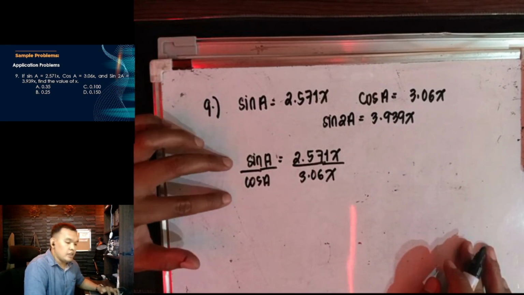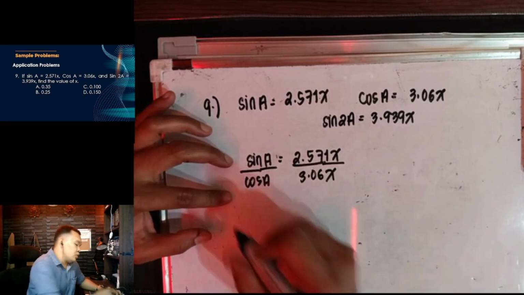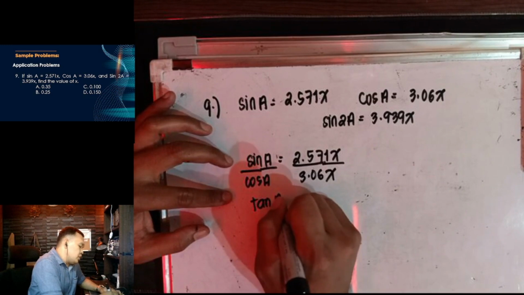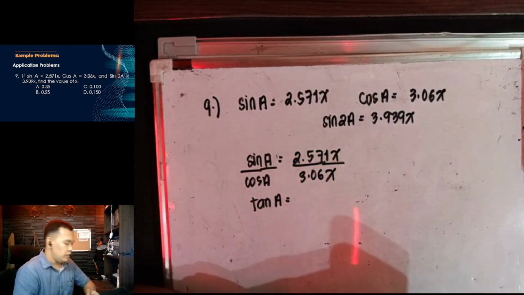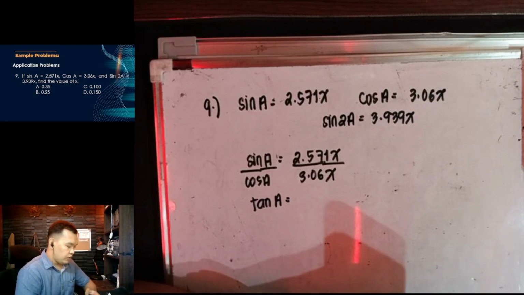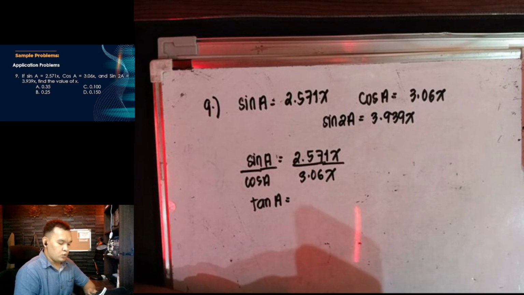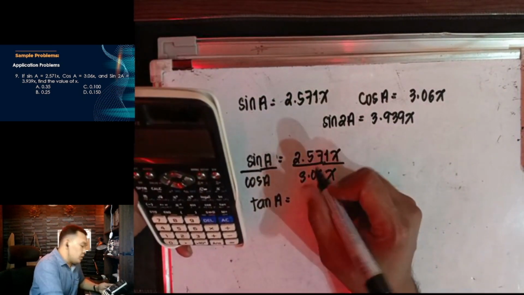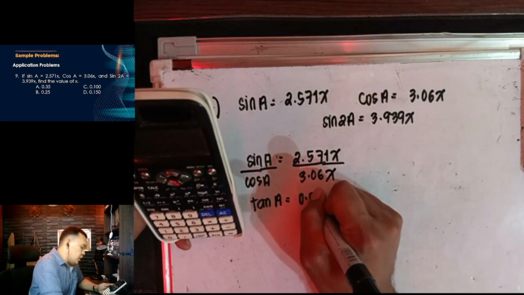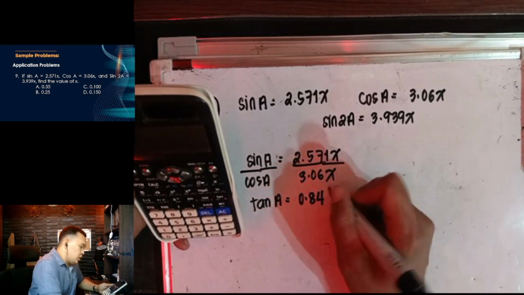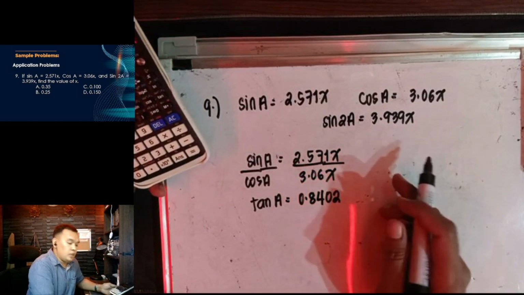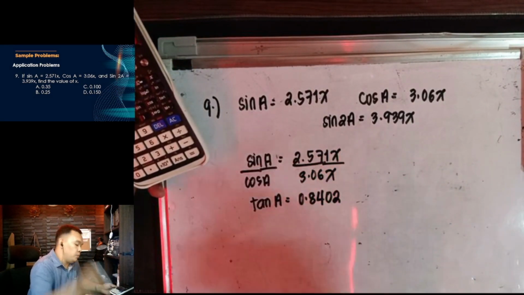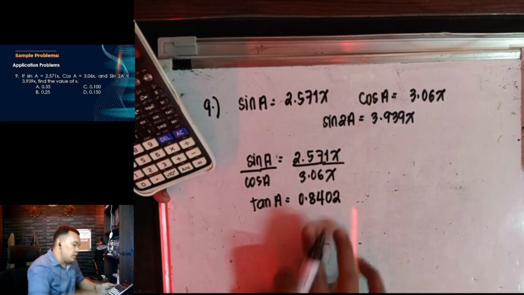Then we all know that sine A over cosine A is tangent A. So we could say that tangent A is equivalent to, calculate mo na lang to, 2.571 divided by 3.06. So, yan ay 0.8402. Yung x, mawawala na yan kasi mag-equivalent yan kay 1. No? So, tangent A is equivalent to dito.